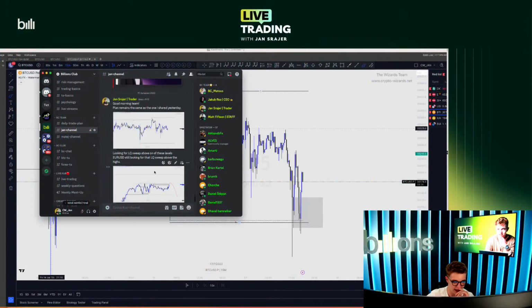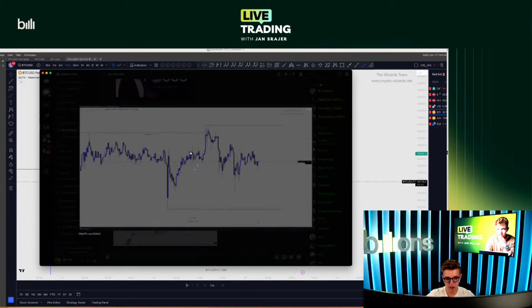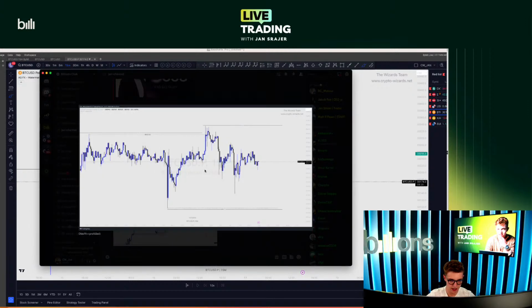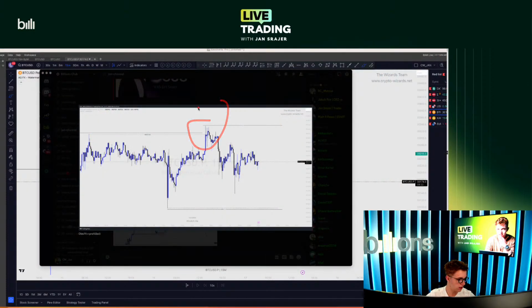But what I was talking about here is that we are looking for these two liquidity levels in the morning. Let me do one thing, I'm just going to open this. Yes, perfect. So we are paying attention to these two liquidity levels. You don't really know which one is going to be hit first. I want to give you the idea of how I trade.